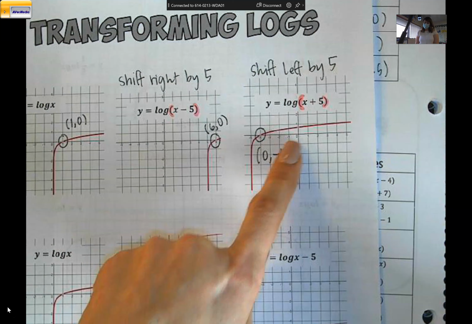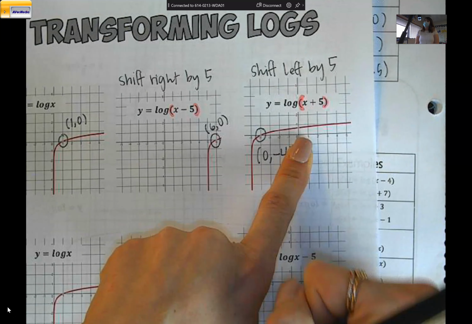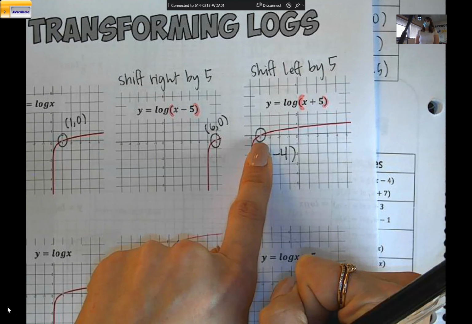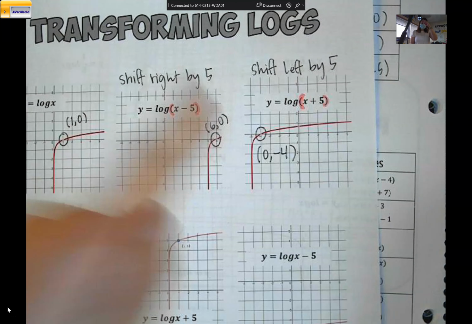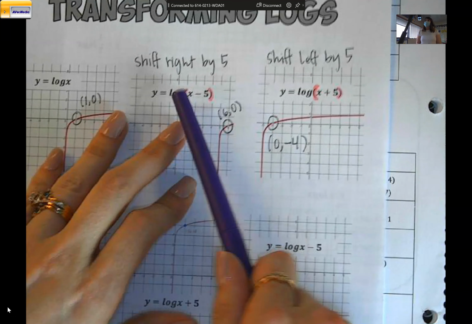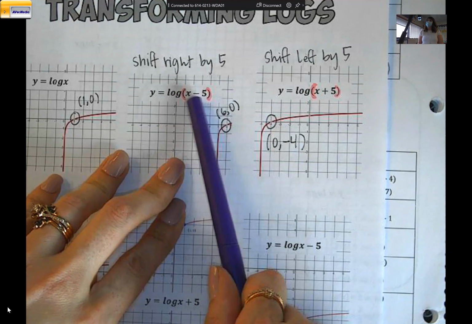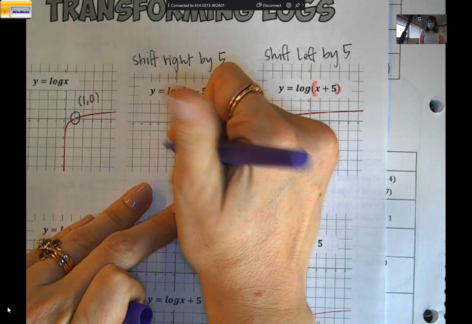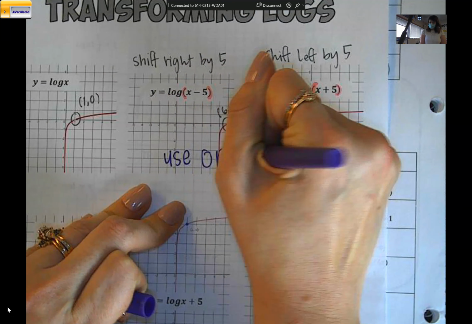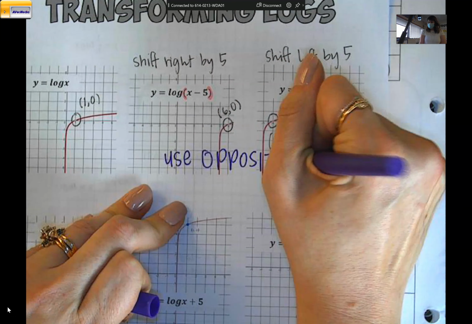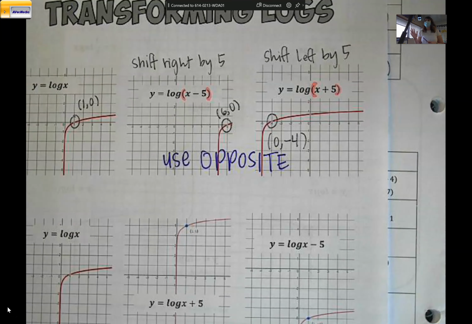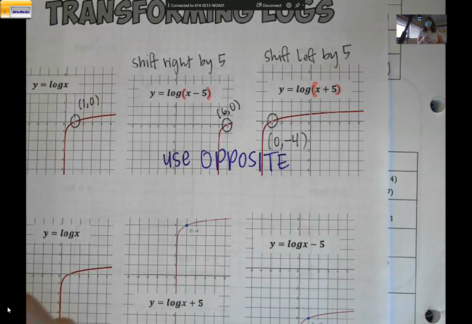So you started at 1, and if you shift to the left by 5, you end up at -4. So this reminds me, if the plus or minus is trapped with the x, you use the opposite of what you see. So if you see a +4, you do -4. And if you see a +5, you do -5.